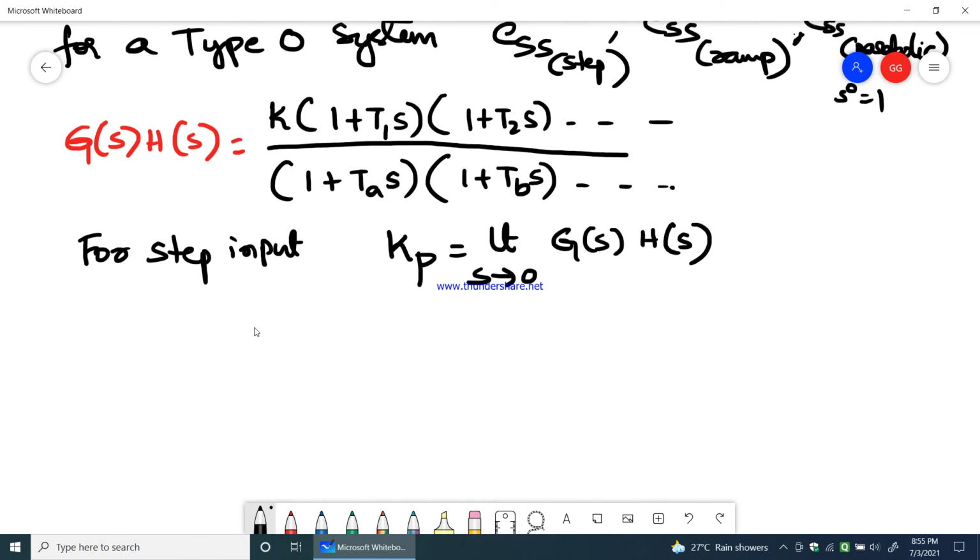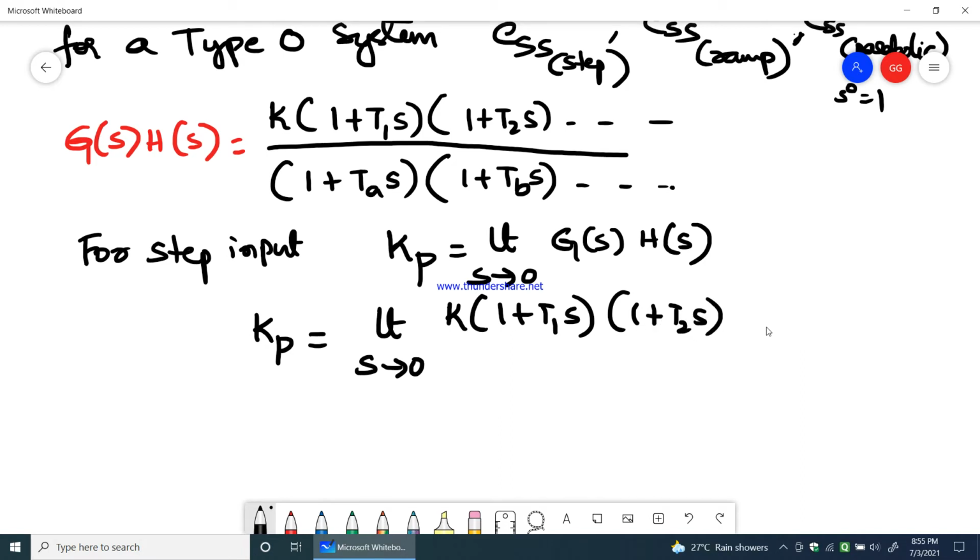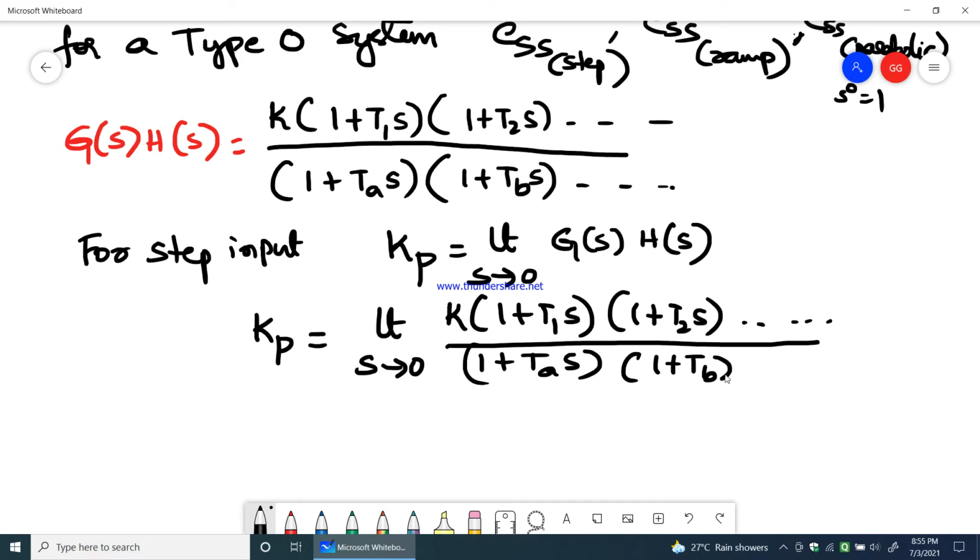Therefore, if I calculate Kp for a type 0 system, limit s tends to 0 of K into (1 plus T1 s) into (1 plus T2 s) and so on, divided by (1 plus Ta s) into (1 plus Tb s) and so on. Now if you apply limit s tends to 0, every s term becomes 0, again with further terms like 1 plus T3 s, 1 plus T4 s. Every s term being 0, you get 1 into 1 into 1 into 1, and even in the denominator you get 1 into 1 into 1 and so on.